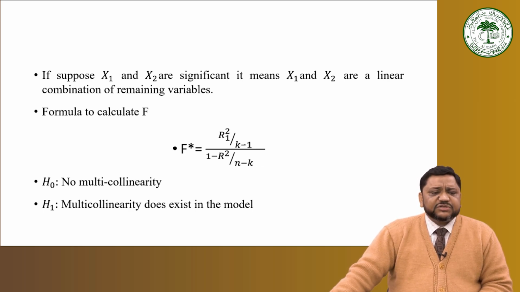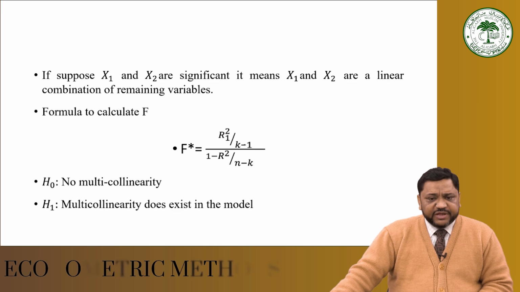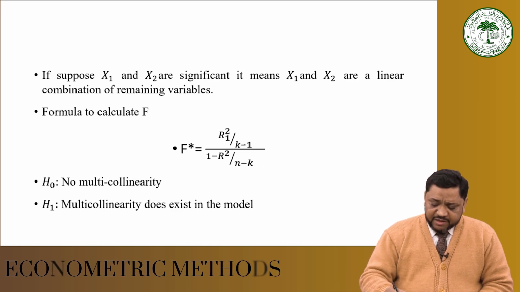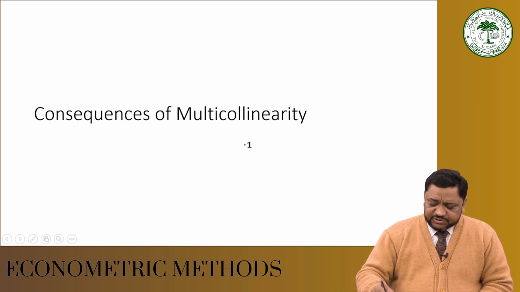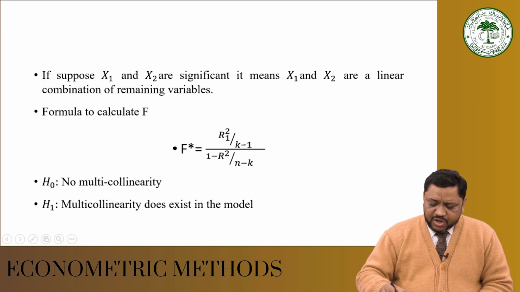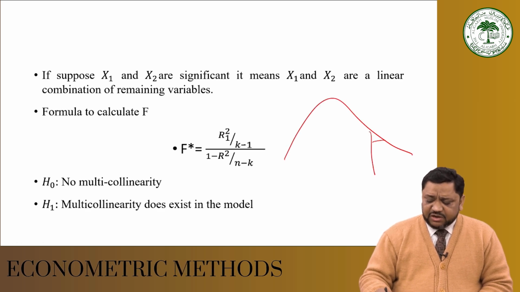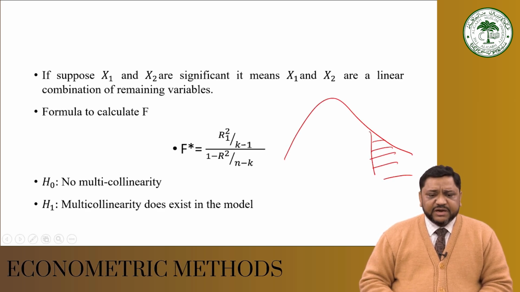Here the F ratio is calculated using the formula. The null hypothesis is no multicollinearity, and the alternate hypothesis is there is multicollinearity. If my F calculated value is more than the F table value, we reject the null hypothesis. Normally F tables are a right tail test.